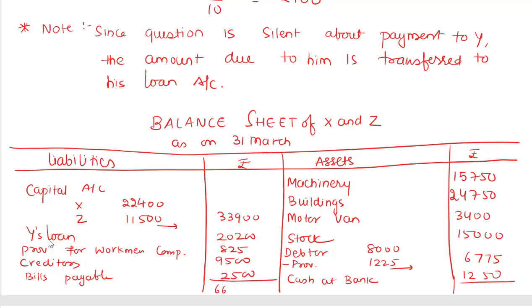Balance sheet totaled at 66,925. I believe you understood.